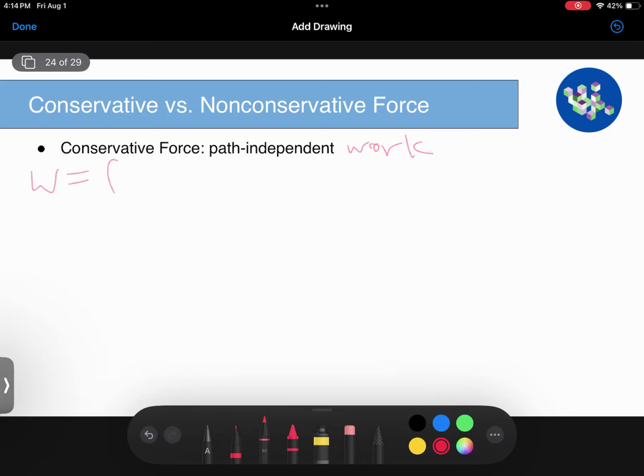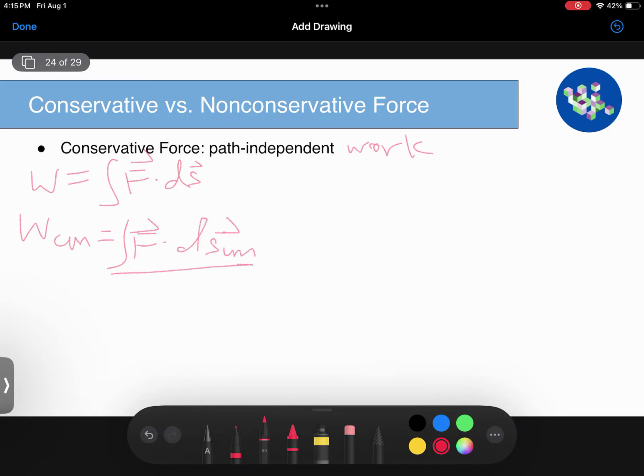The definition of work is the force vector dotted with some displacement vector, ds. For example, if we're looking at the work on the center of mass, it's just the work on the center of mass equals the integral of the force vector dotted with the displacement of the center of mass.